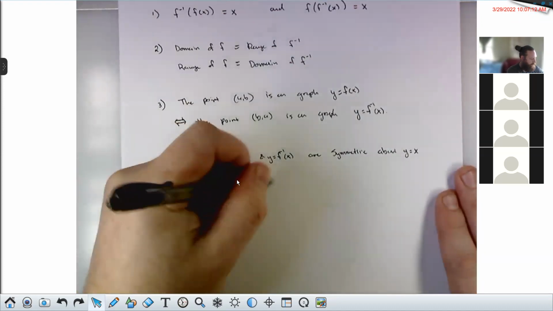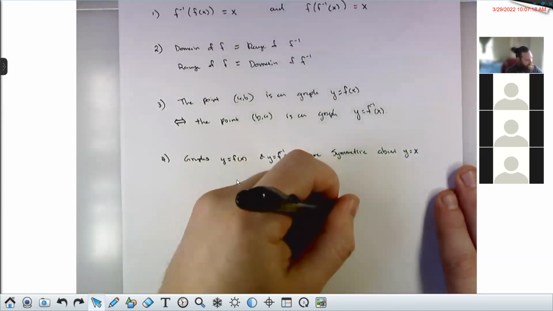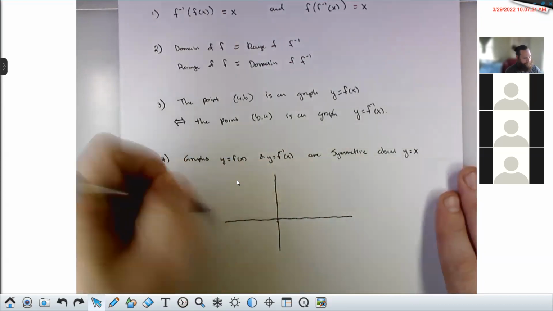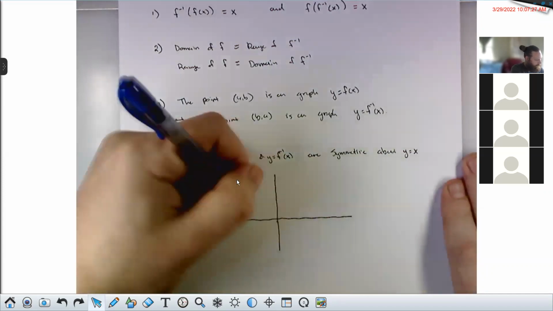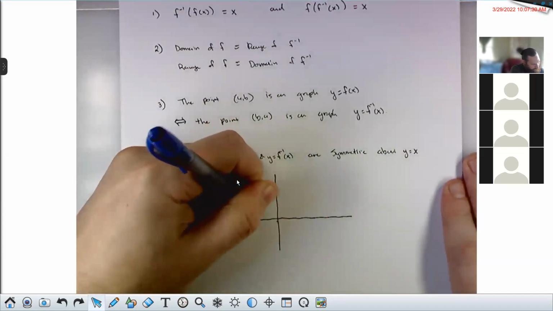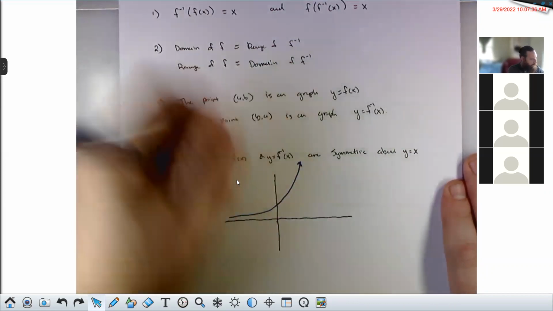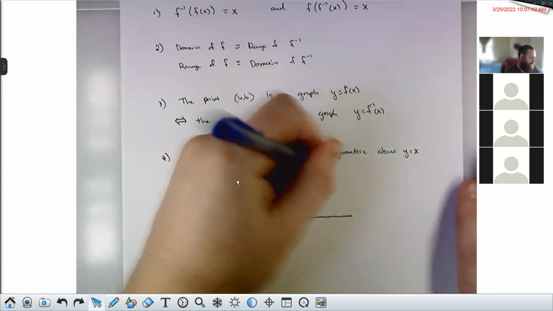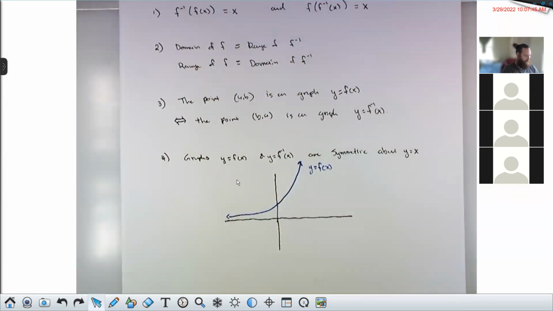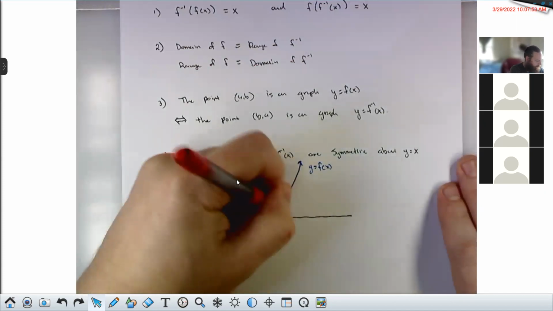And the sort of picture here I will draw in blue, the original function f. I'm going to draw this to look like an exponential. We added in red here the line y equals x.